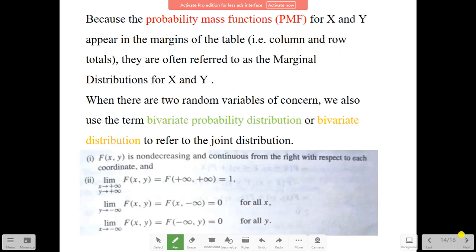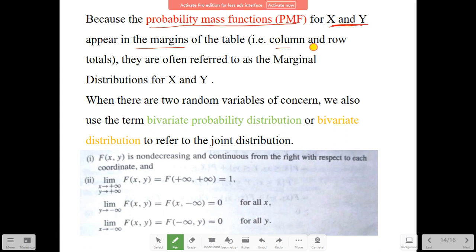Now next, the probability mass function, that is PMF, for the random variables x and y appears in the margins of the table. When we obtain the probability function for random variable x, we obtain the column total, and when we obtain the probability function for the random variable y, we obtain the row total.